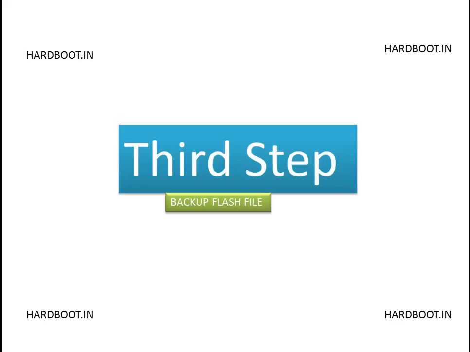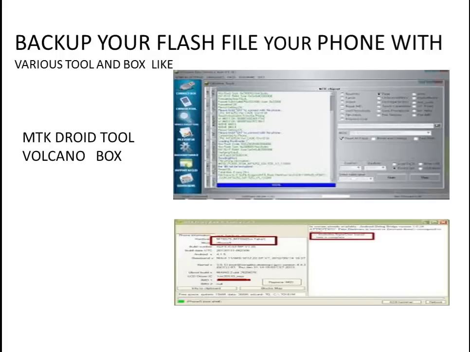You can back up your MTK flash file with Android MTK tool, Droid MTK tool, which is freely available on the net, and the link is also in the description, and with various boxes like Volcano, Piranha, and many others for MTK. You can use these for a backup of your flash file.